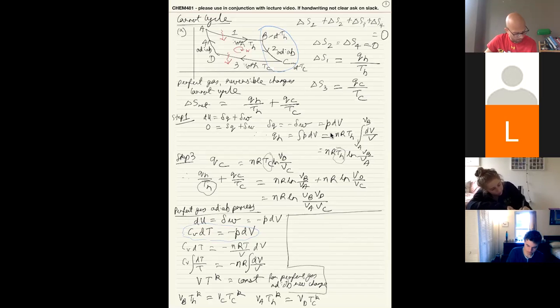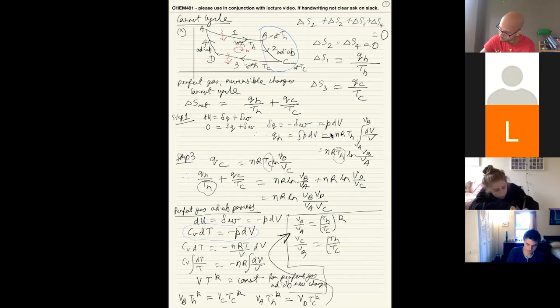So we take a ratio of these two things. What do we get? We get VD by VA is equal to TH by TC to the power k. And similarly over here, VC by VB is equal to TH by TC to the power k.